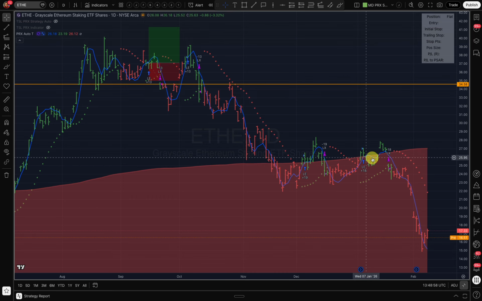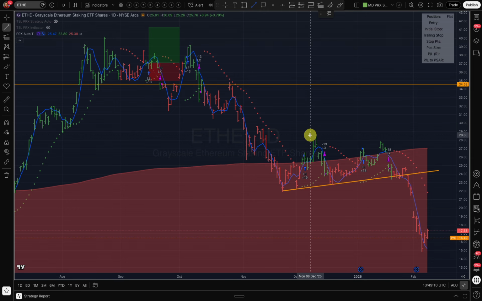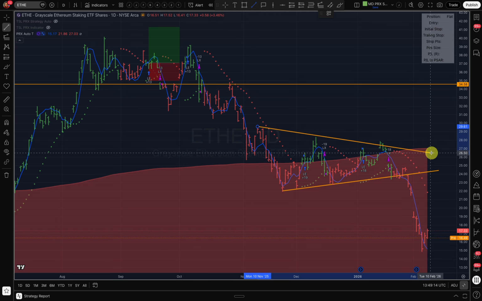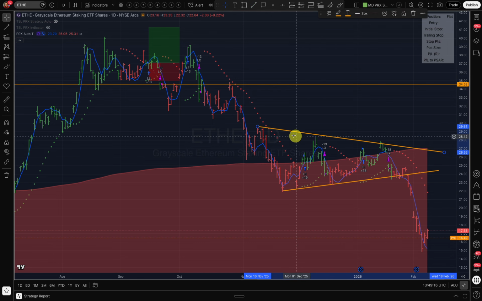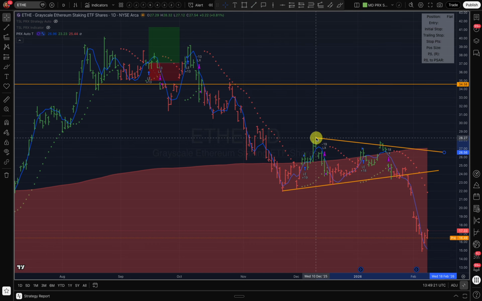If we look at the ETHE side of things, it's pretty much the same story, except with it hanging out here on the 200 for a while. So that channel, that same technical analysis idea on ETHE would be something like this. The only difference is it's more of a triangle squeeze, sort of what I was seeing here. That could be either from here or just from here.